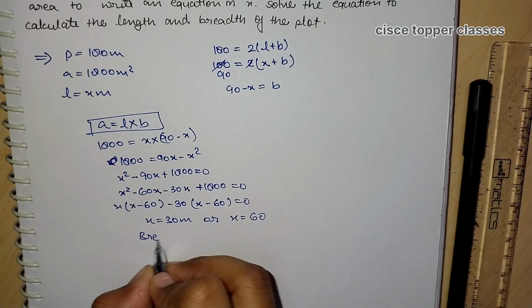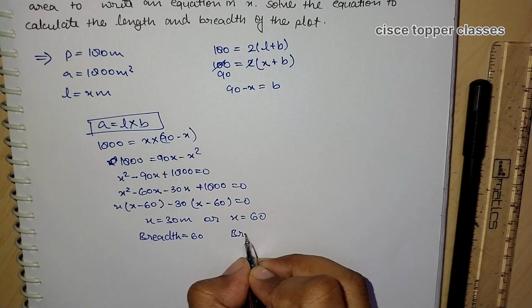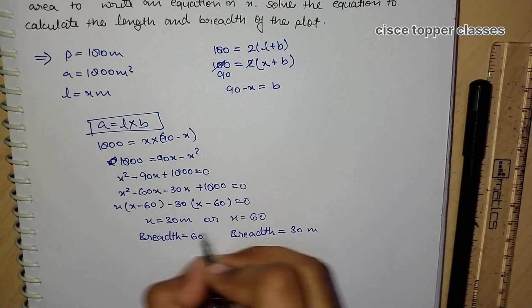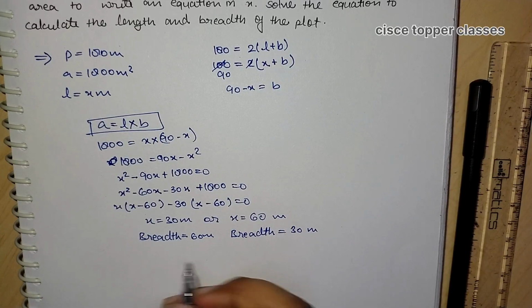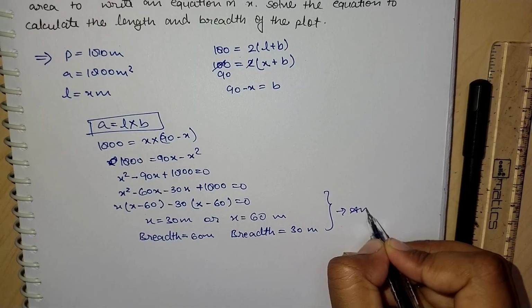Breadth will be 90 minus x, so for x equal to 30 this will be 60, and for x equal to 60, 90 minus 60 will be 30 meter. So this is the required length and breadth of the rectangle. This is the final solution of this question.